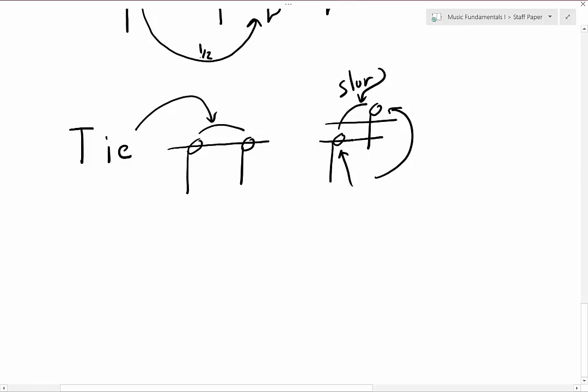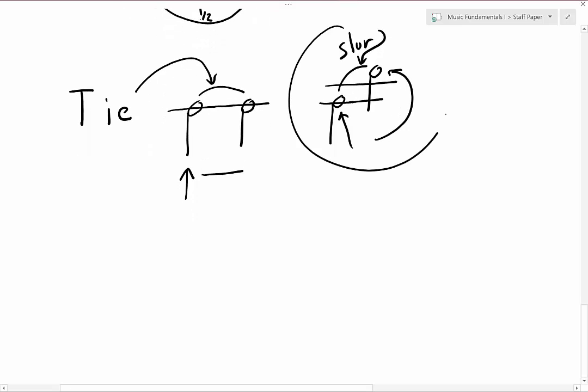That actually means play the first note to the second note in a very connected way, without any space between them. Whereas with a tie, you only are hearing one pitch, the first pitch, and its duration is lasting longer than normal. So a little bit confusing. The symbols are both curved lines. But anyhow, that's a slur.